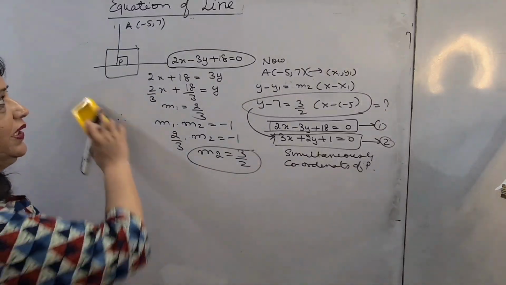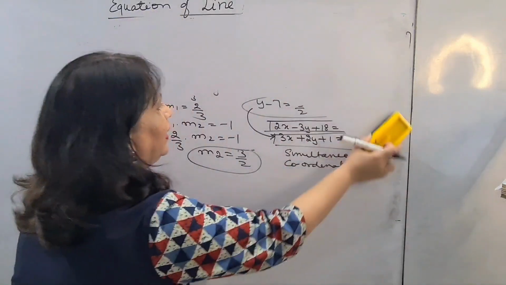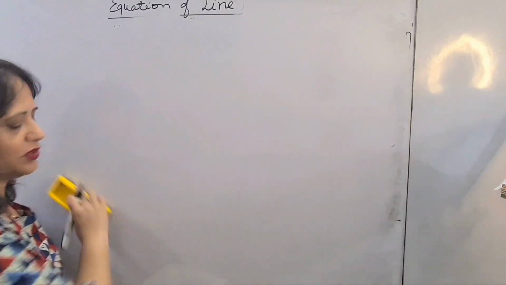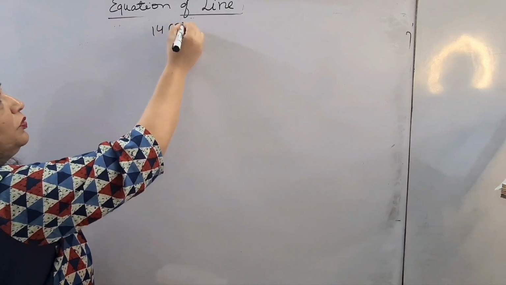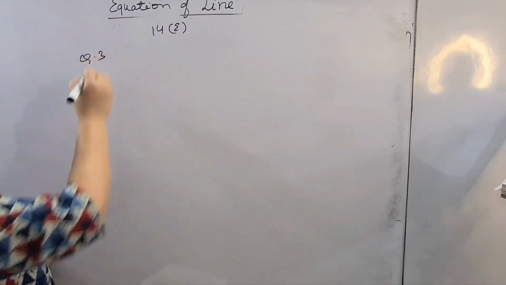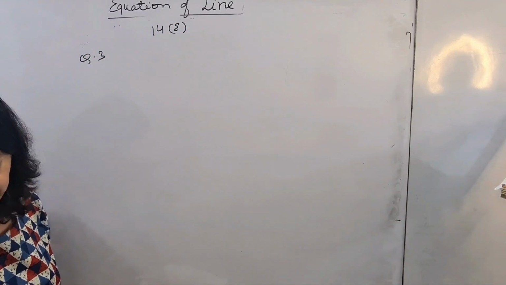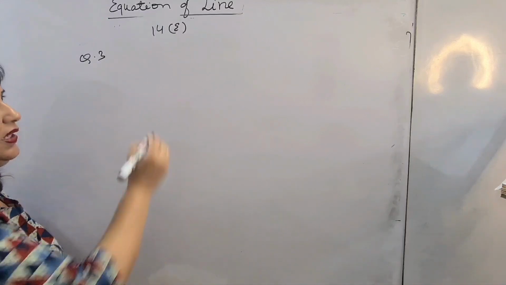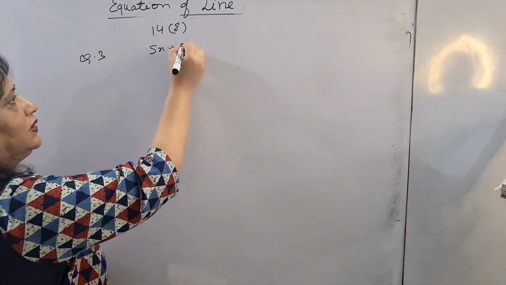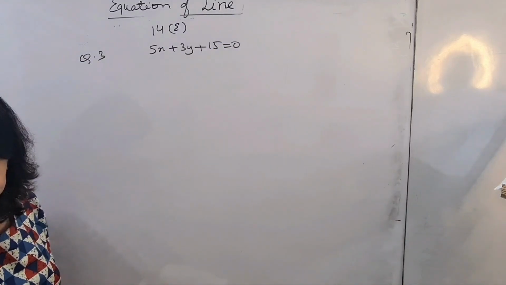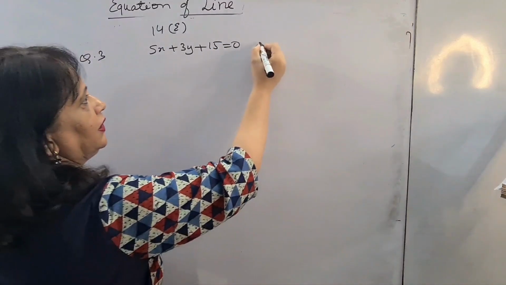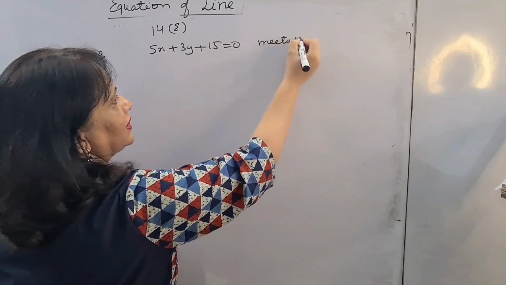3, exercise 14E now. Question number 3, exercise 14E. Few sums of exercise 14E also. 14E, question number 3C. The question is very simple. Line 5x plus 3y plus 15 is equal to 0 meets the y-axis.